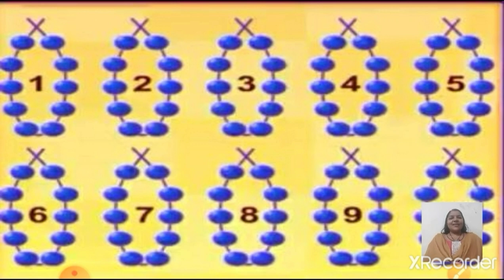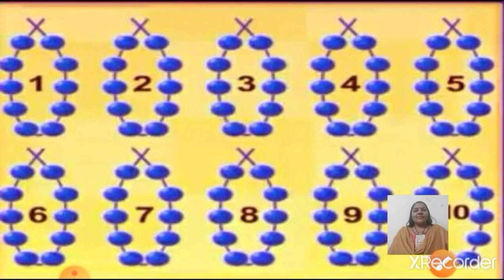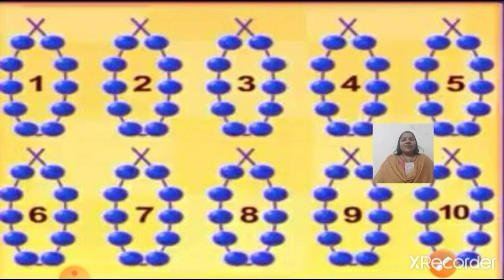Now look at the screen children. Here we can see strings of beads. In every string there are 10 beads. You all can count in your mind. So how many strings of beads can we see here on the screen? Yes, there are a total of 10 strings.